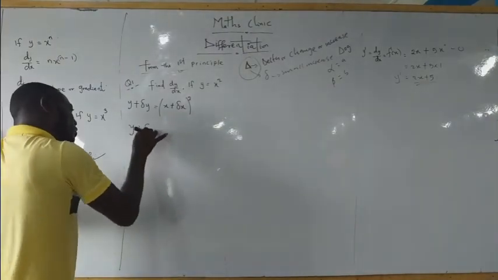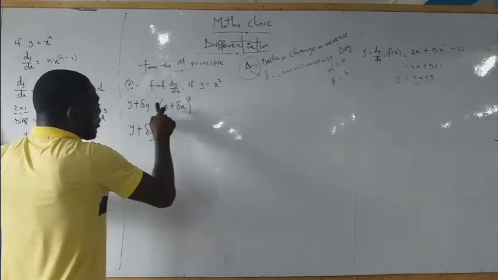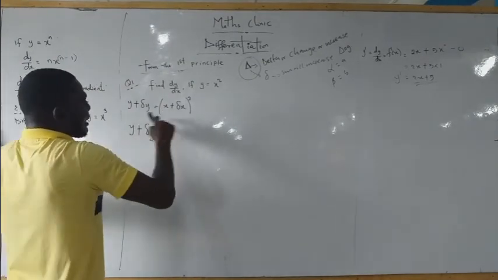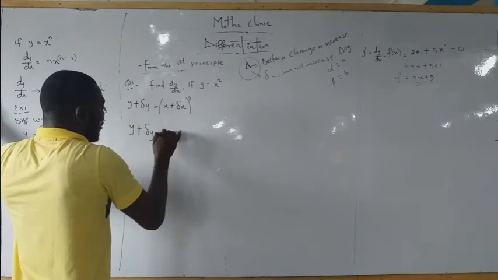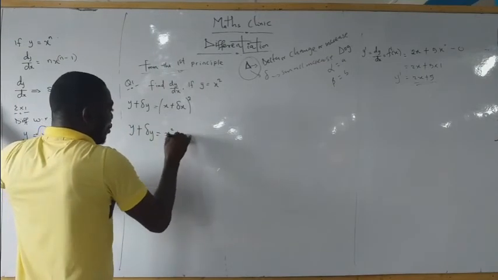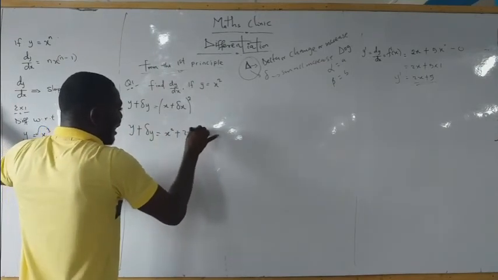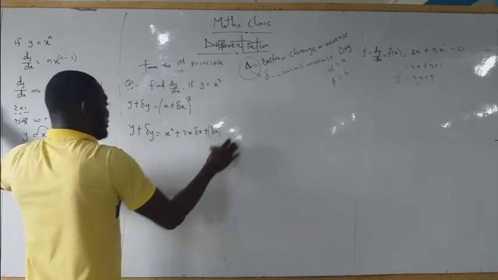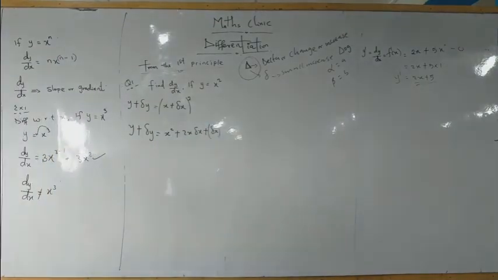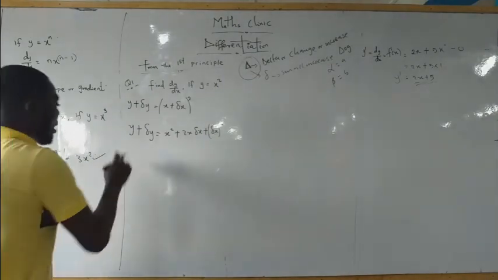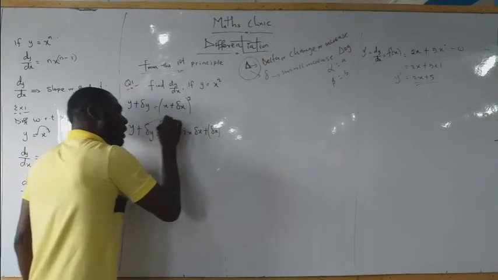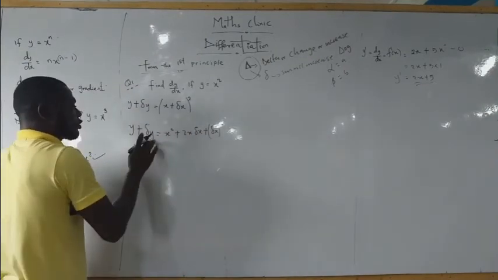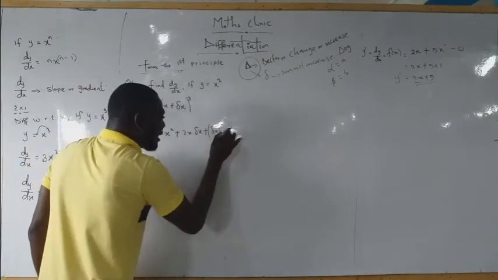If you expand this it will give us x squared plus 2x delta x plus delta x all squared. Okay? So we can make delta y the subject of the formula by taking y to the other side.